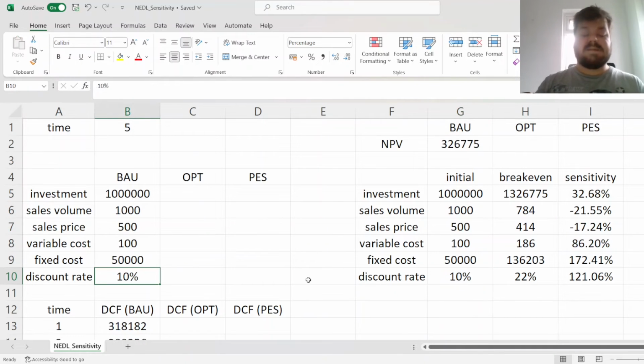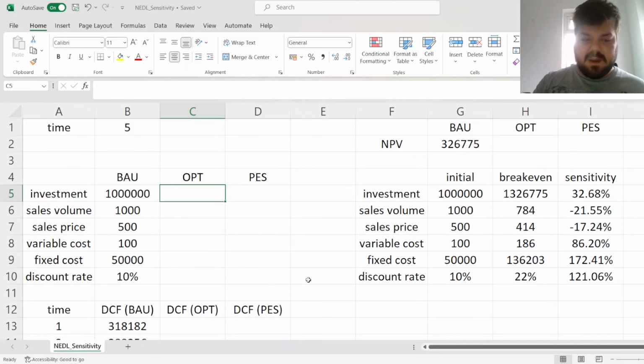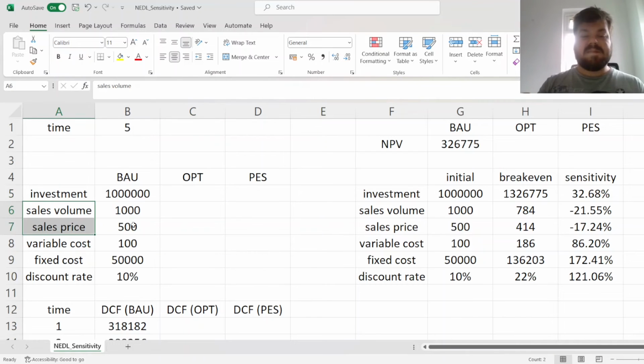And now let's do some scenario analysis and let's evaluate the optimistic and pessimistic scenario against the business as usual scenario, or the baseline scenario. So for the optimistic scenario, let's increase all of the inputs that are beneficial to the company, sales volume and sales price that is, and reduce all inputs that are detrimental to the project success, which is investment amount, variable cost, fixed cost, and discount rate.